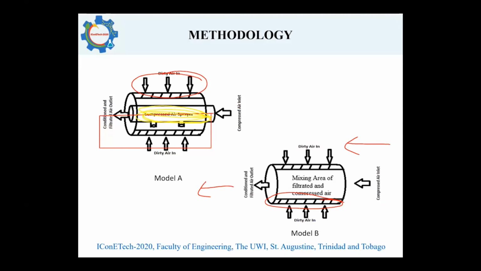You can see this one. So this region is not there in Model B. There is a cost associated with this compressed air sprayer, and some of the particles are trying to return back to the compressor here. So there are some advantages associated with Model A and some advantages associated with Model B, and the same with the disadvantages.